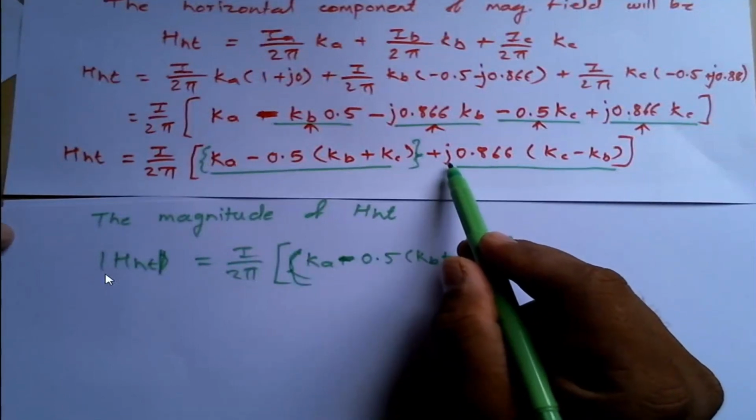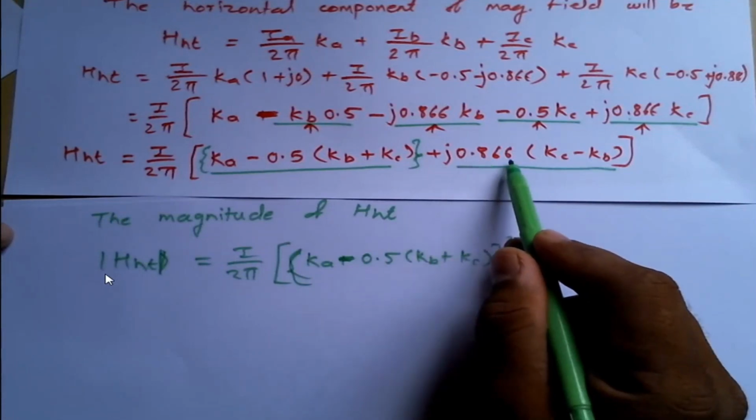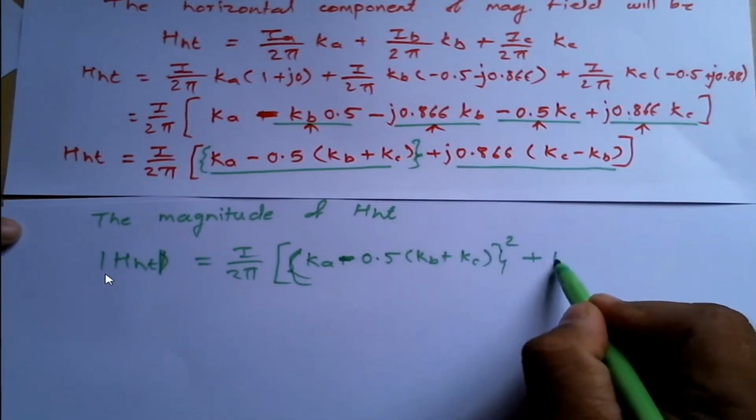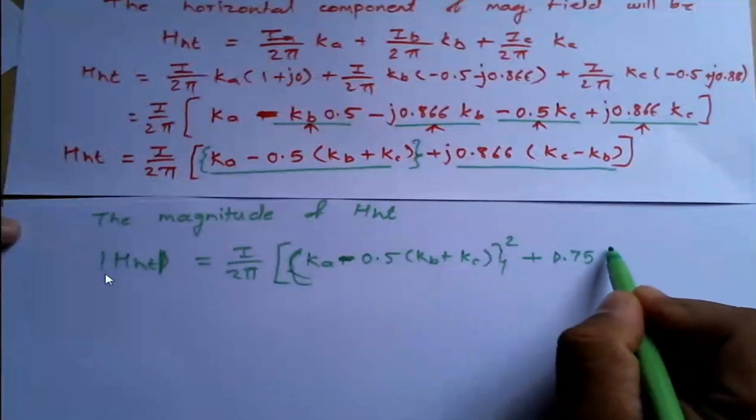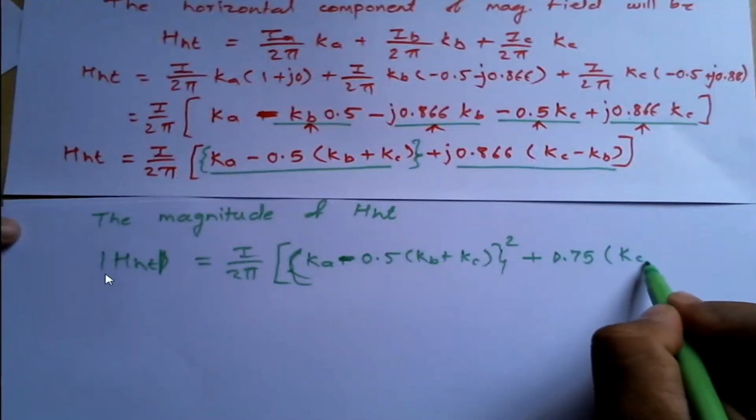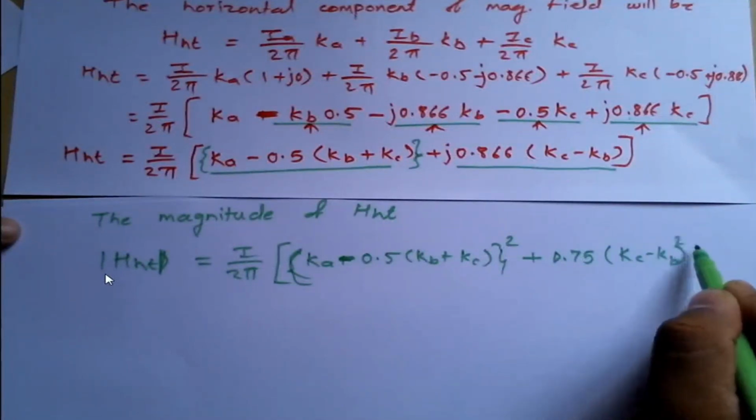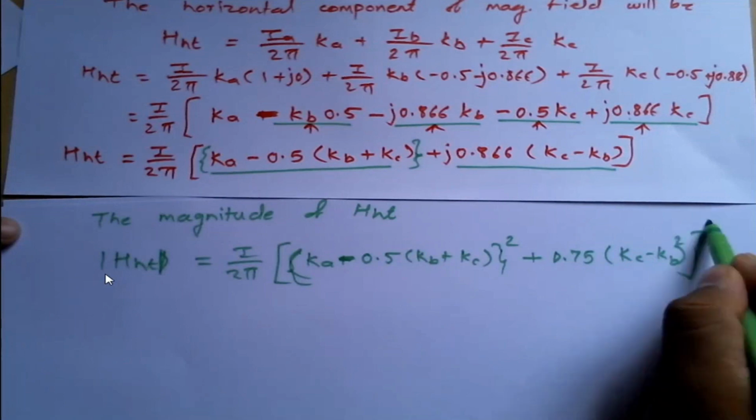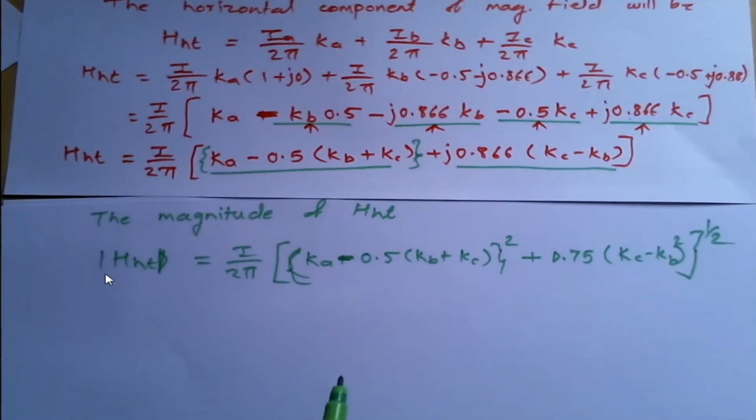You know that J square is 1 and 0.866 squared is 0.75, so it is 0.75 in bracket Kc minus Kb whole square, under the square root.